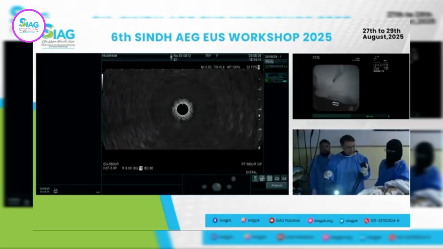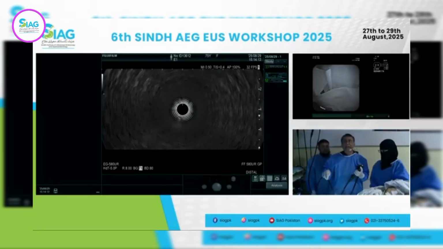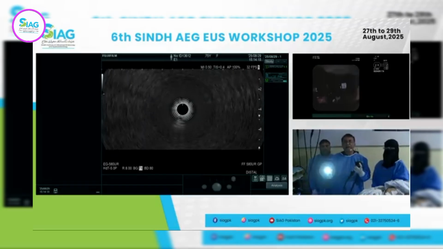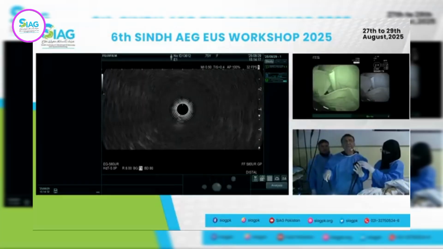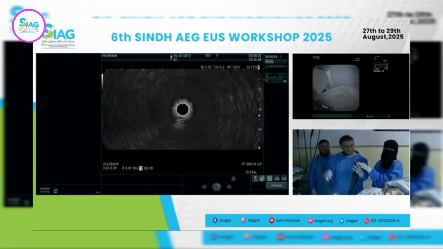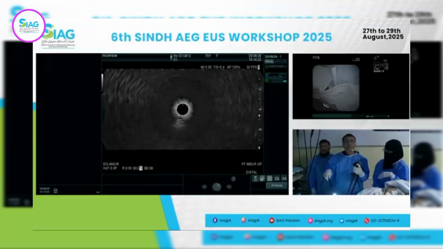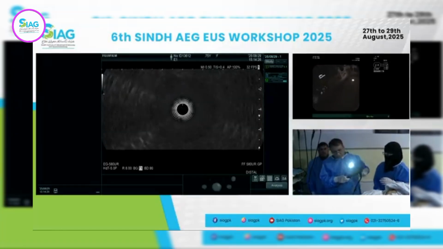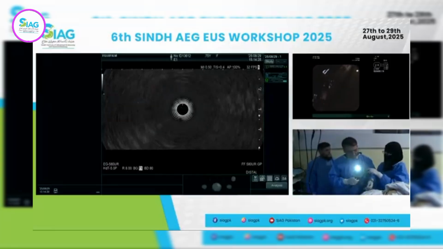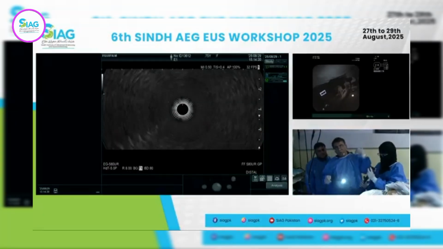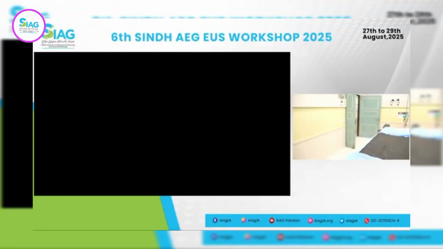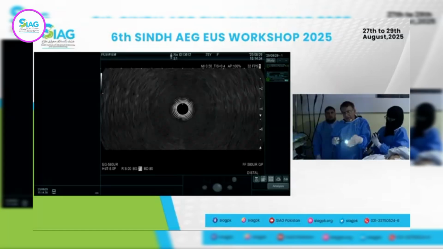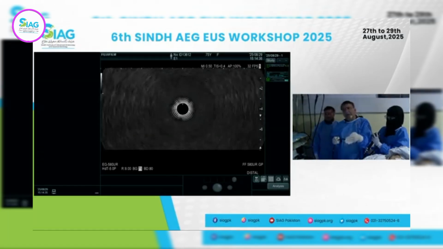So the way I intubate is usually I put the scope on my shoulder and then I freeze the image with an endoscopic button before I go through the anal area.